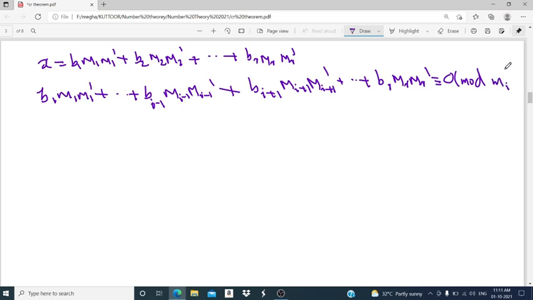This is because we already said that small mi divides capital M1, mi divides capital M2, up to M(i-1), but mi does not divide capital Mi. But mi divides all other capital Mj's, therefore mi divides M(i+1), M(i+2), up to Mr. Therefore mi must divide this combination also. This is equation number 2.